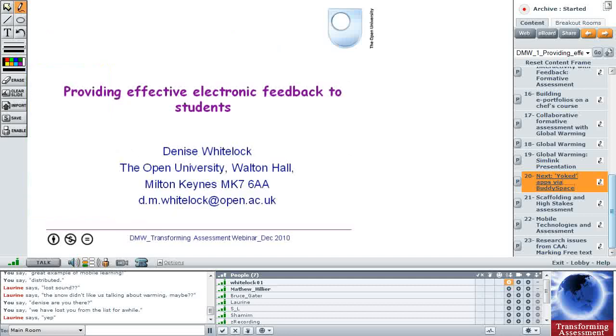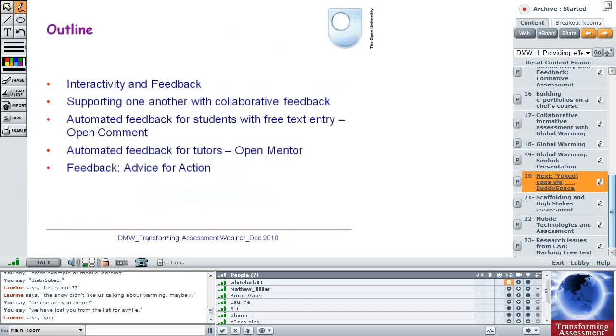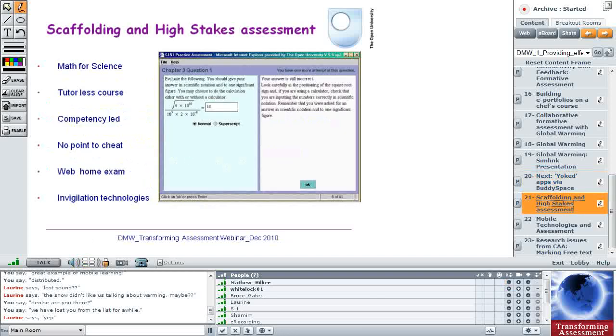Now, the other area we've been looking at with feedback is to scaffold high stakes assessment. Now, this is quite problematic to get through the university, but this is only a 10-point course.